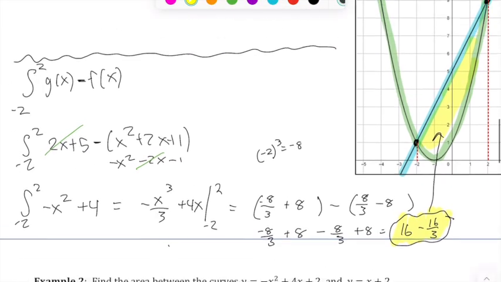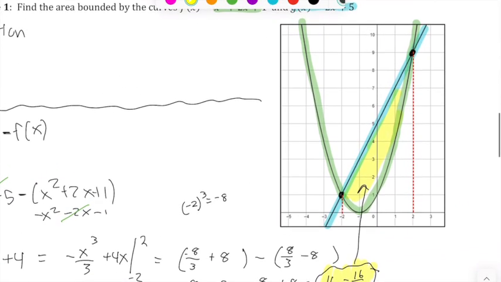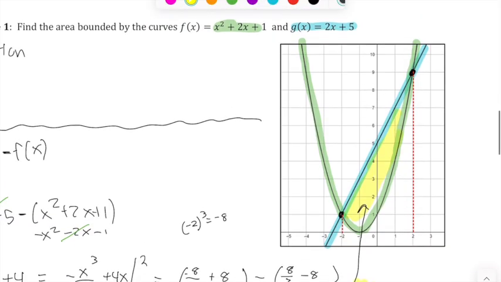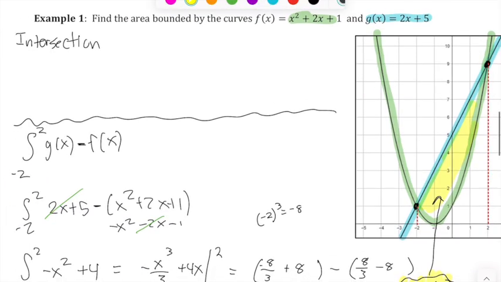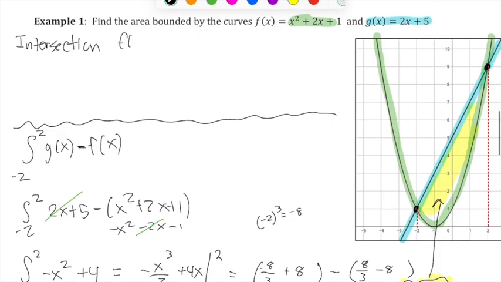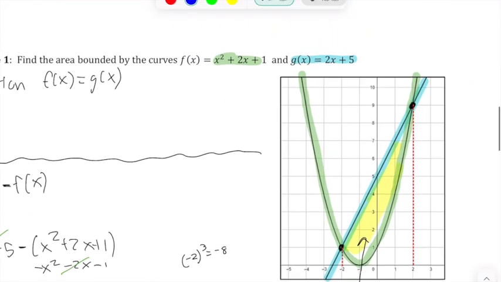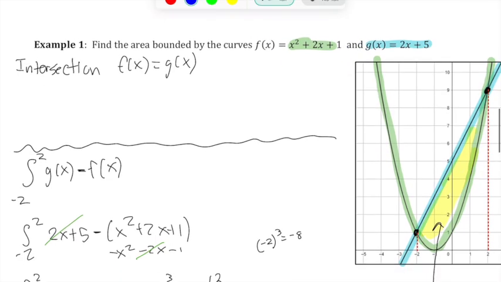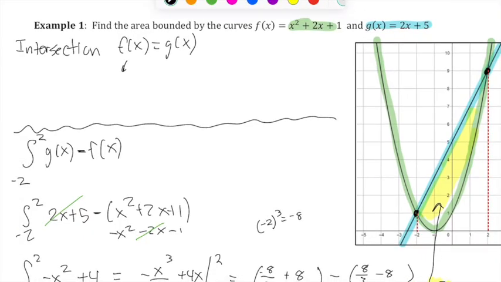The only thing we didn't do is, sometimes we're not given a graph, and so we need to find the intersection. And the way you do it is you set the equations equal to each other. So if you want to find out where these two functions intersect, you need to set them equal. So let's substitute the equation in for f of x, and then g of x is 2x plus 5.